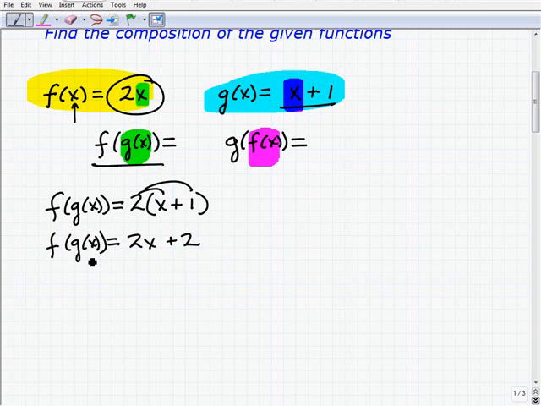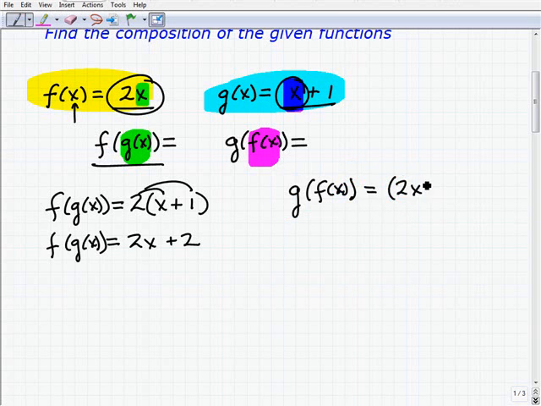Pretty straightforward stuff. Let's go ahead and do g of f of x now. We're going to plug the f of x function into the g function. So g of f of x, let's set it up. G of f of x is, the f of x function is 2x. I'm going to plug it in right here into the g function.